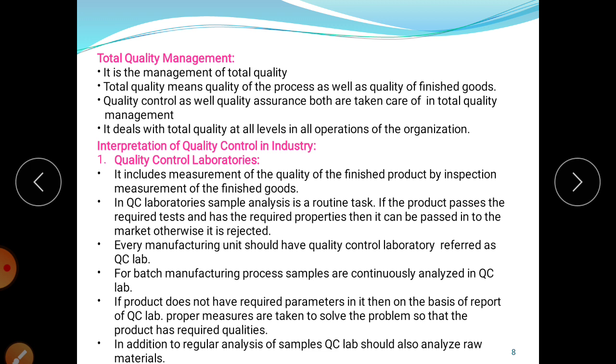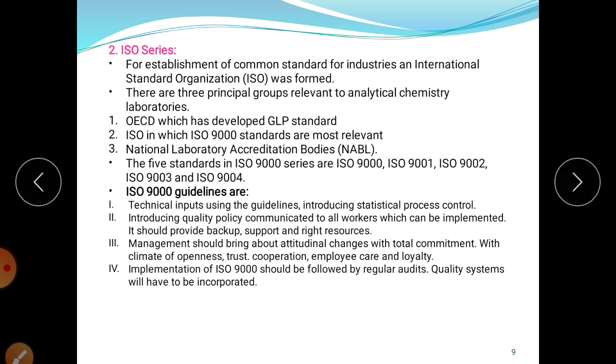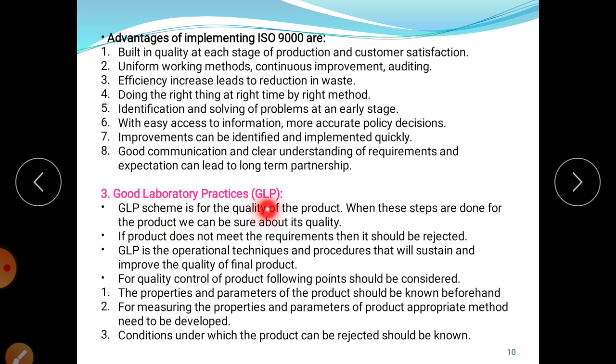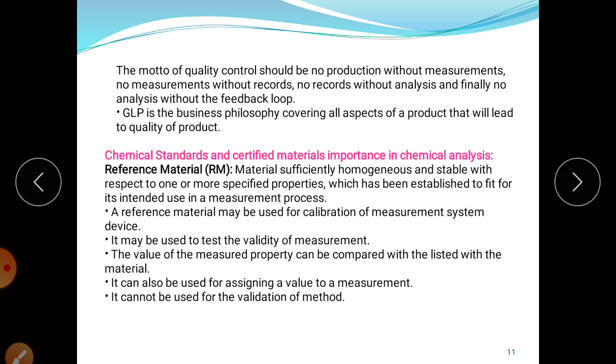Then we discussed interpretation of quality control in industry in three different ways. The first way was quality control laboratories, the second was ISO series, and the third was good laboratory practices. Then we discussed chemical standards and certified material importance in chemical analysis.